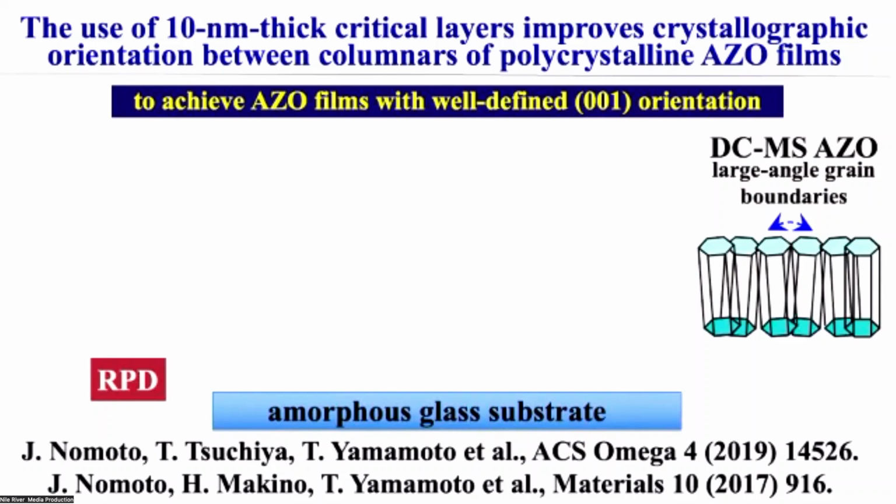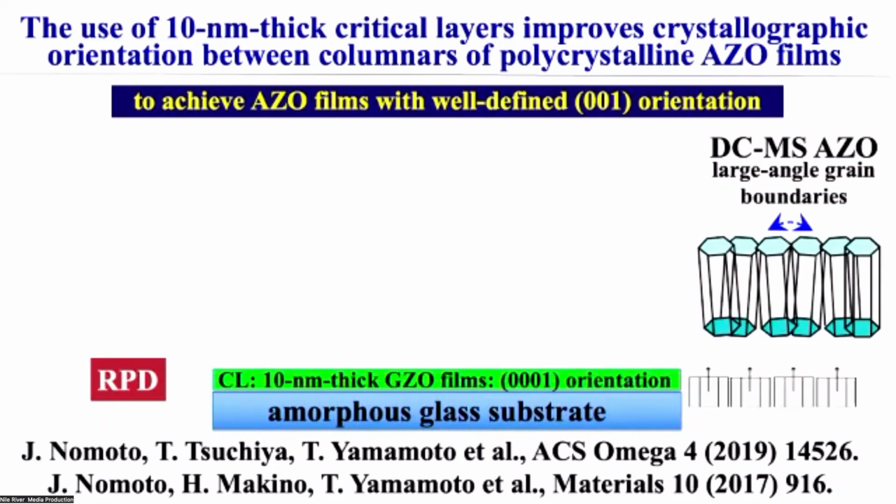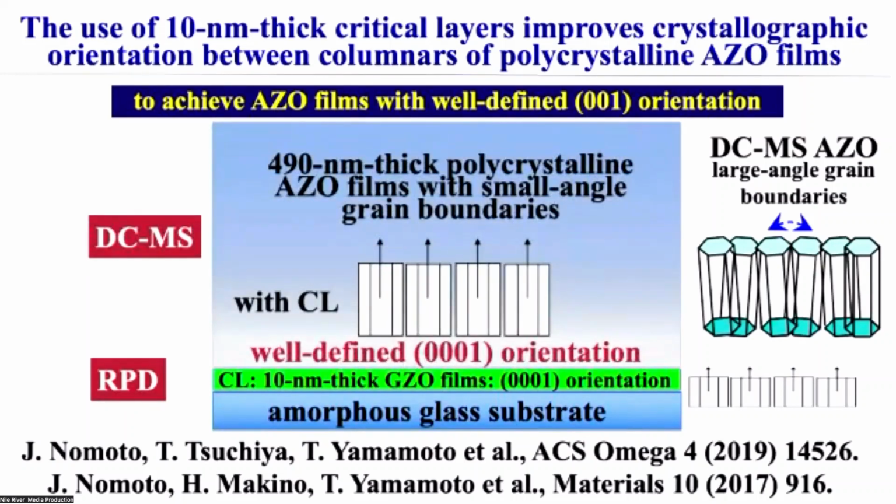To resolve the issue, we prepared a partially 10 nanometer thick gallium-doped zinc oxide film with the 0001 orientation, and successfully grew thick aluminum-doped zinc oxide films. In such films, we find small-angle grain boundaries and a well-defined 0001 orientation.